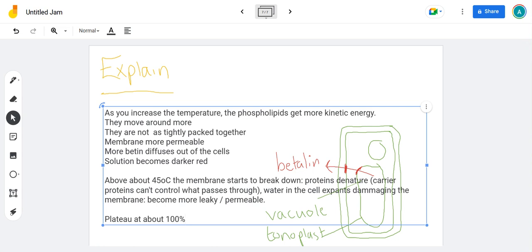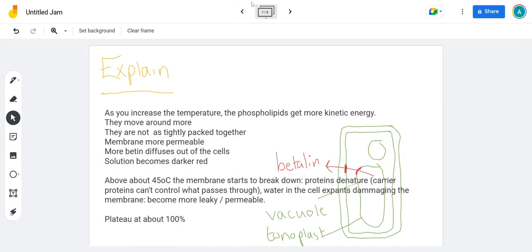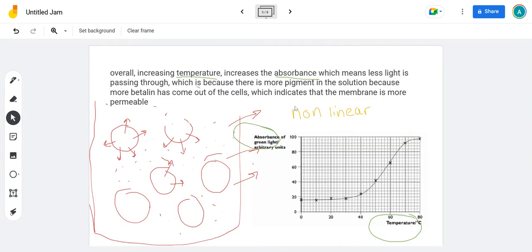Okay. Now, remember that this whole experiment can also be done with alcohol. So you need to know the answer for the alcohol version as well as the temperature version. Actually, before we go on to alcohol, I just want to talk about this graph here. You see the temperature graph goes down to 0.